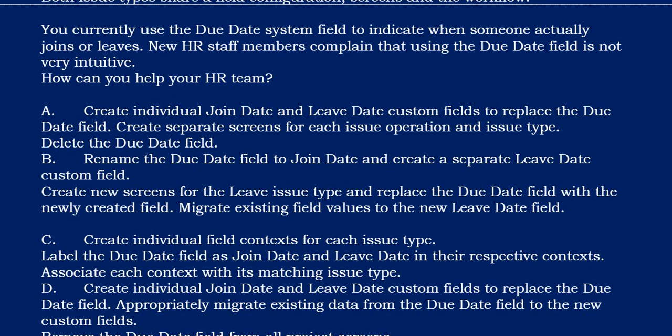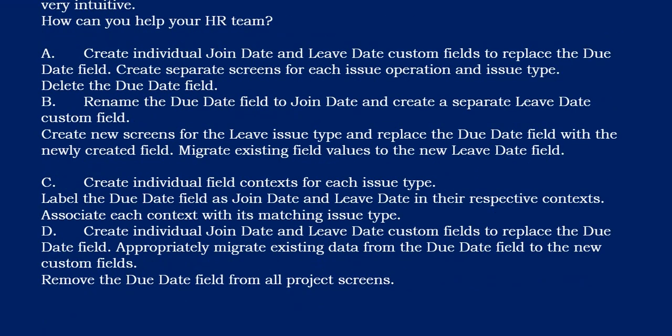Option C. Create individual field context for each issue type. Label the due date field as join date and leave date in their respective context. Associate each context with its matching issue type. Option D. Create individual join date and leave date custom fields to replace the due date field.